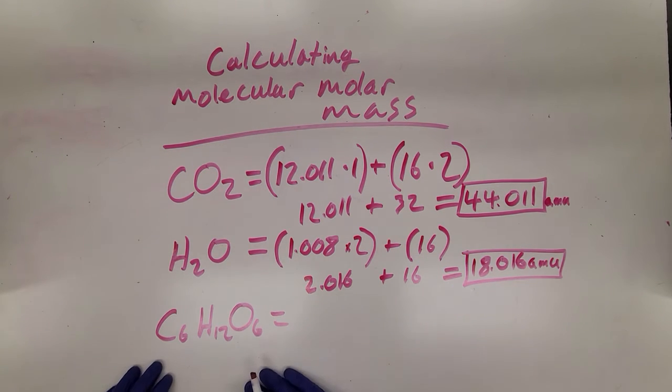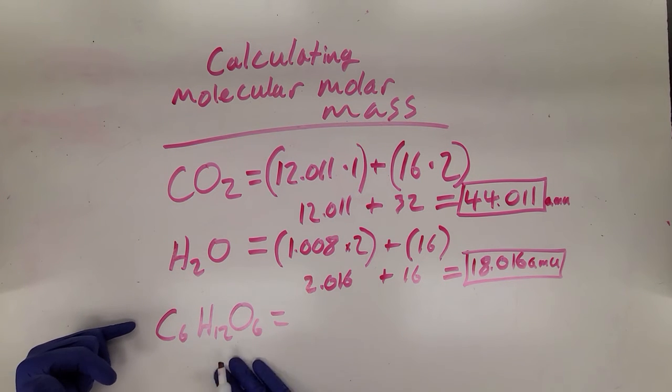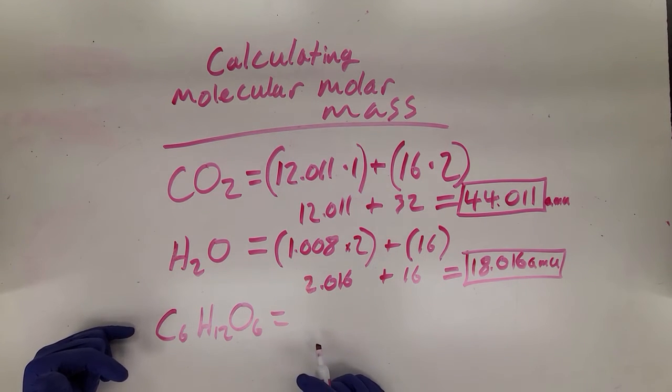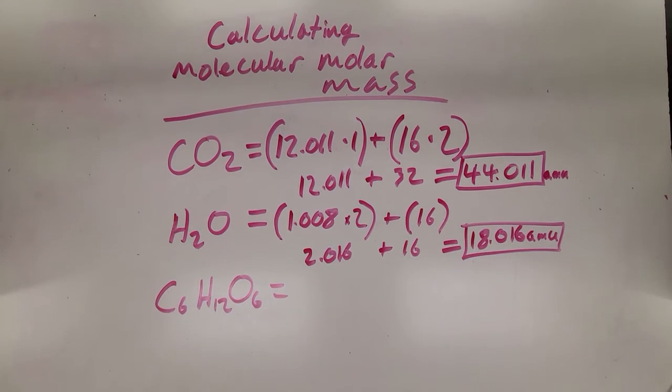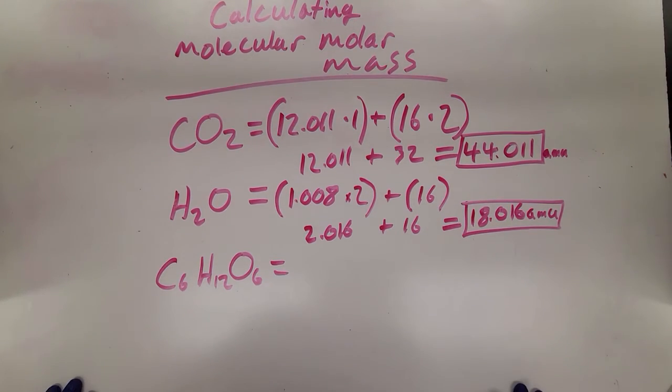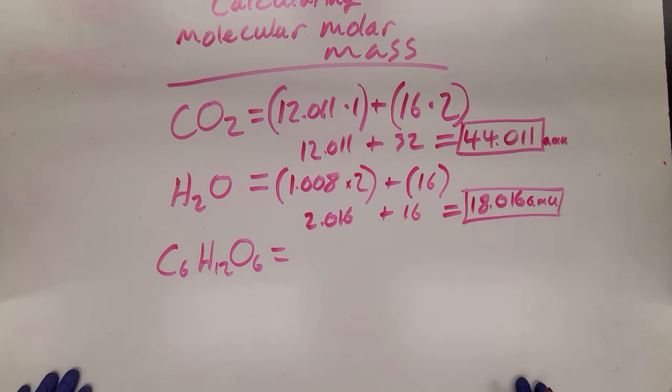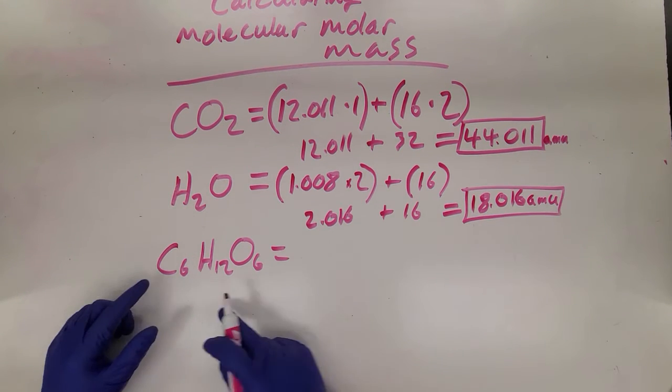We'll take a look at just one more example here, glucose. Glucose has 6 carbons, 12 hydrogens, and 6 oxygens in it. I'm going to push this up so that I have a little bit more room to work with. Okay, first thing we've got to do, take a look at carbon.